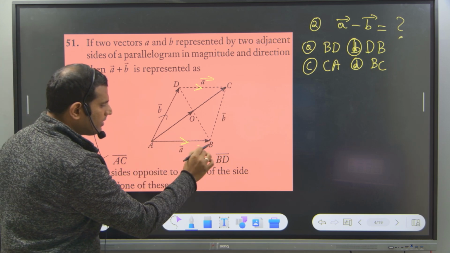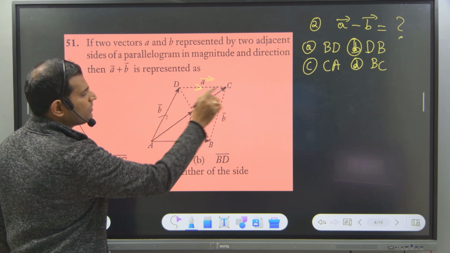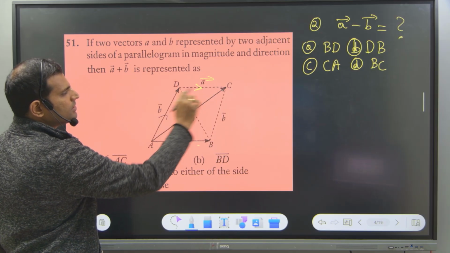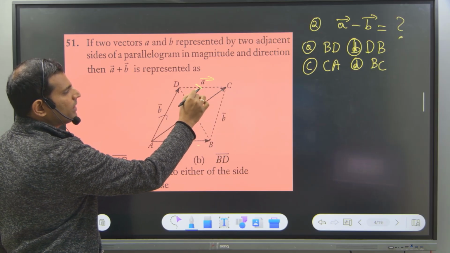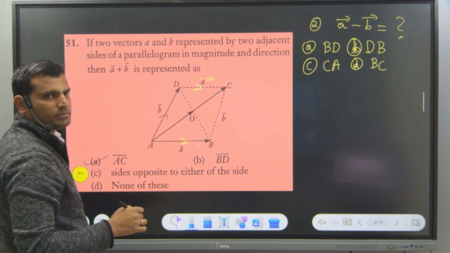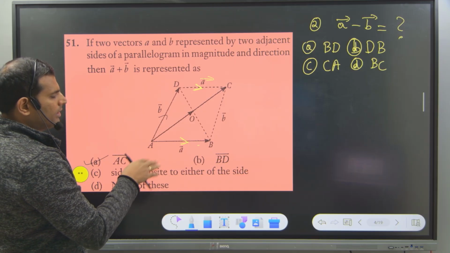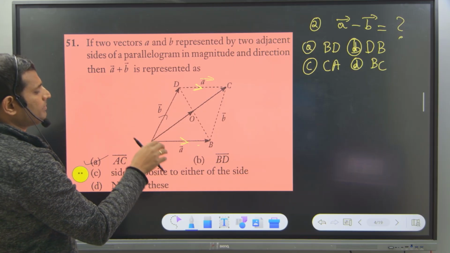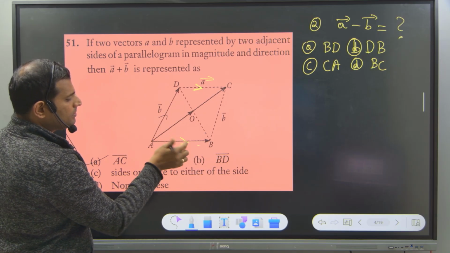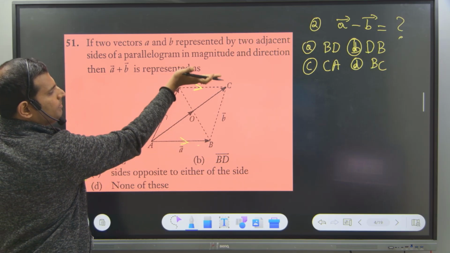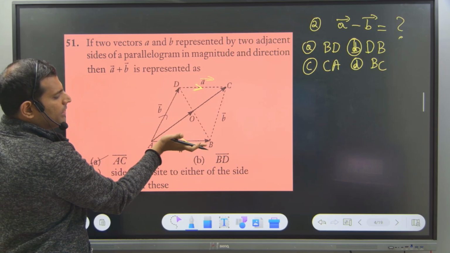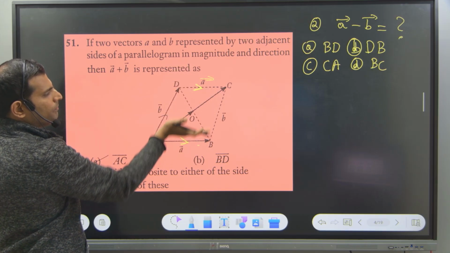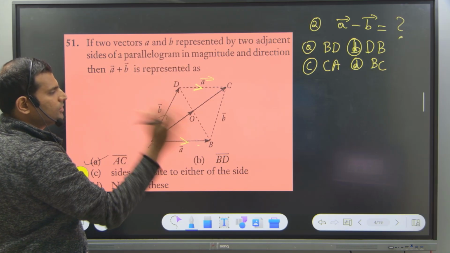So if this is vector A, this is also vector A. What am I doing? I am just sliding the vector parallel. Whenever you slide a vector parallel, that vector will not change.